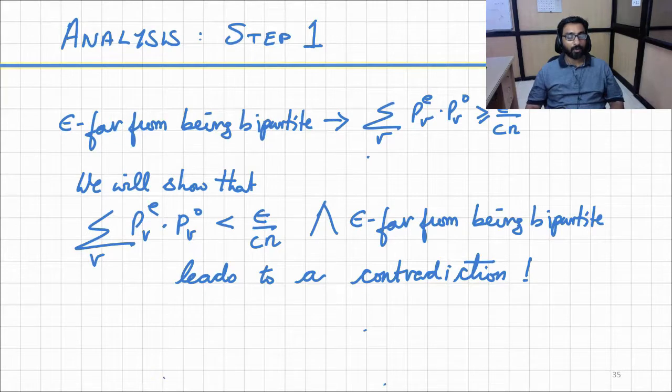This is a standard proof technique. We will show that if we start with the assumption that the summation is small, as in less than epsilon over Cn, and the graph is far from being bipartite, we can work our way to a contradiction.